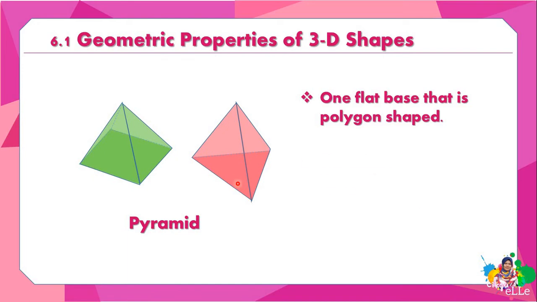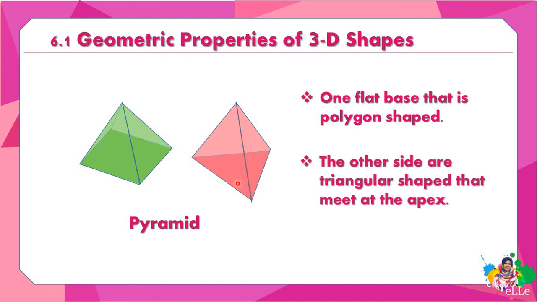The other sides are triangular shapes that meet at the apex. Okay, look at the other sides. They have triangular shape. For the prism, just now we looked at the prism. Prism has rectangular side shape.